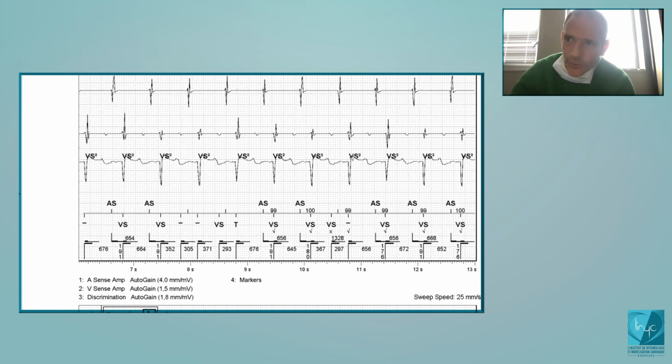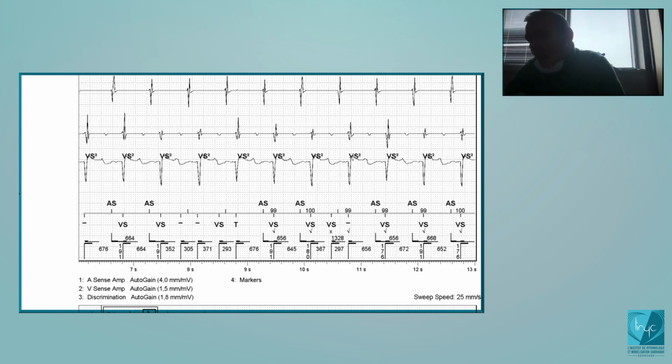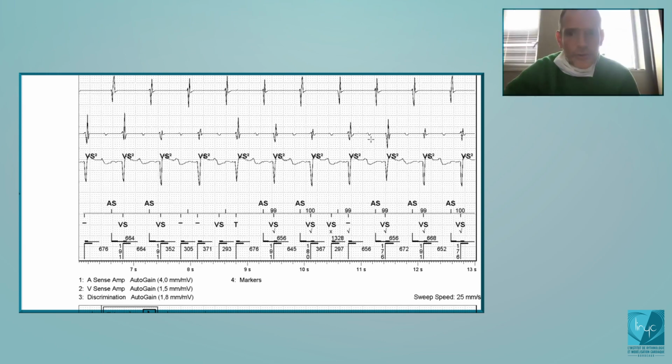You understand? So the probability of receiving inappropriate therapy in T-wave oversensing with this algorithm is nearly, I think, like 0%. We have never seen now with this algorithm one case of inappropriate therapy in case of T-wave oversensing, because to be treated now, you need to have T-wave oversensing at the same time in this channel and this channel.